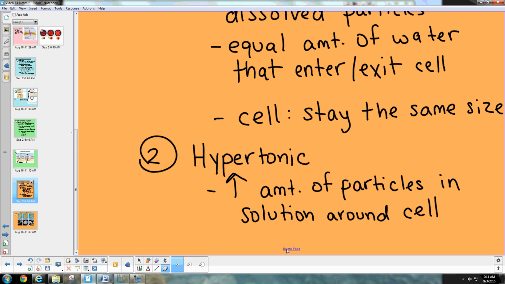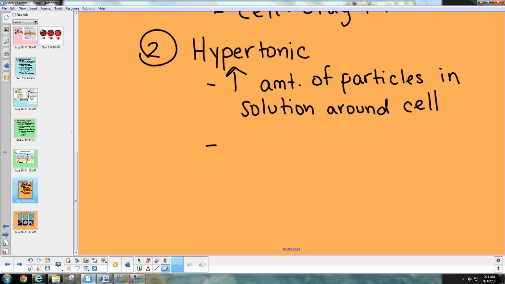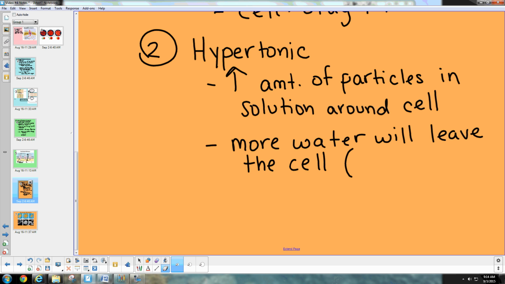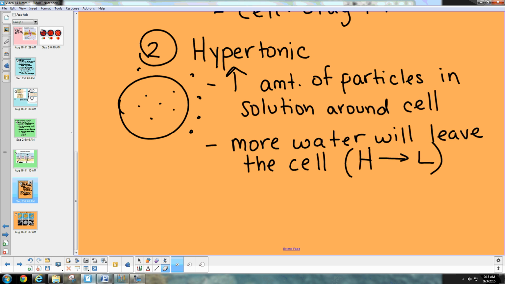What that means for water movement is that more water will leave the cell, because remember, water moves from high amounts to low amounts. Let me explain this a little bit. More water is going to leave the cell because in our cell we have some particles inside the cell, but then we have a lot of particles, these are my particles, outside of the cell.